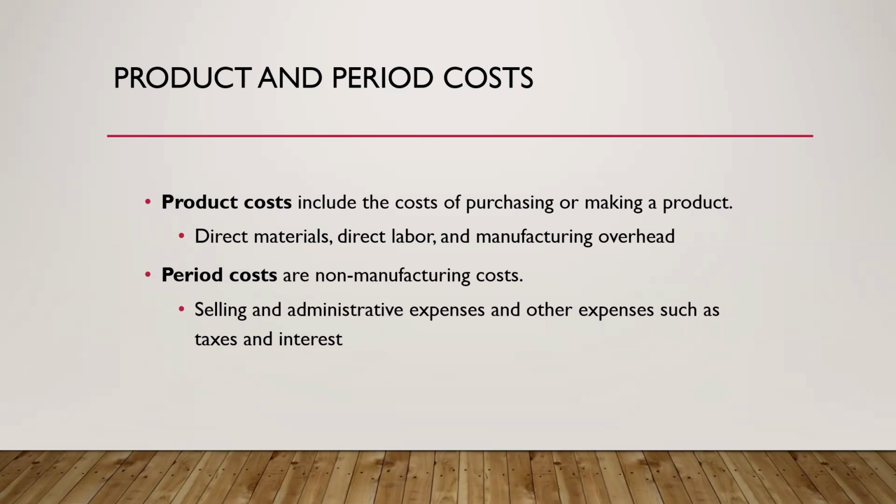Some examples of period costs could include the salaries and wages of the accounting staff, rent of the building, sales commission paid to the sales representative, or even utilities paid for the marketing office.